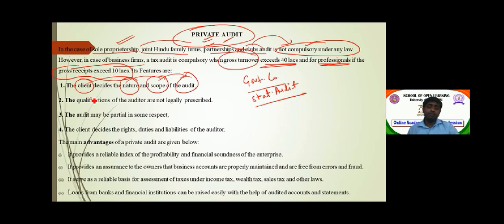Then talking about the qualification of the auditor. The qualifications of the auditor are not legally prescribed. So it's not that when you are conducting the private audit, the person must have obtained the degree of ICAI.